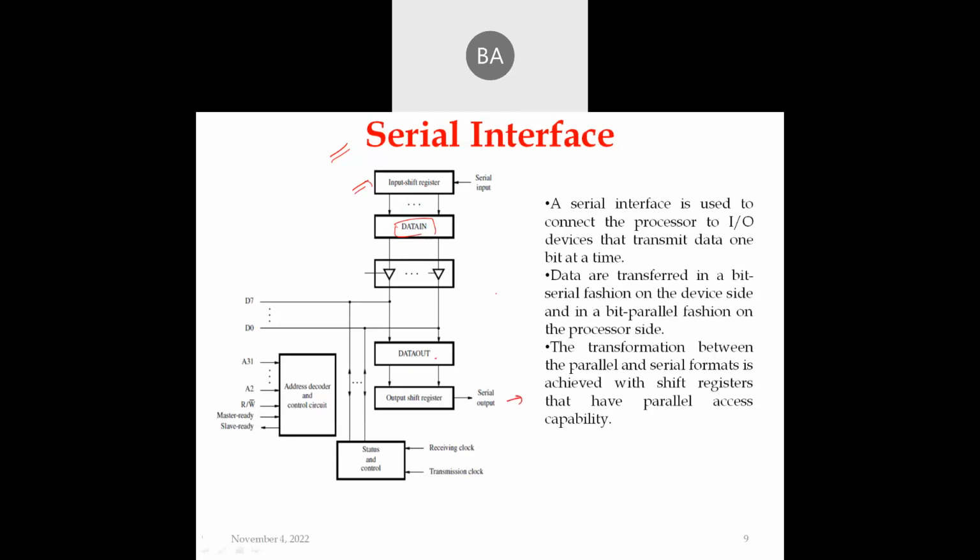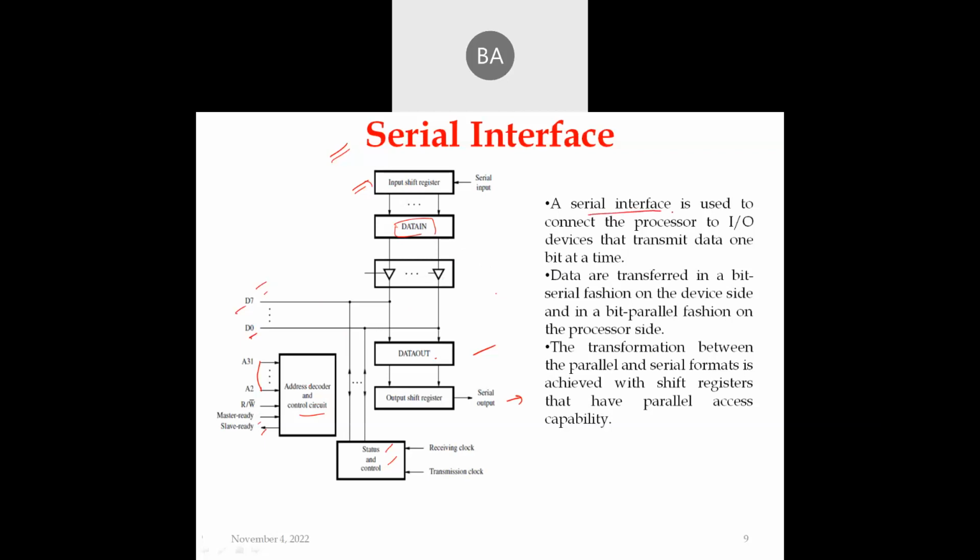We also have an address decoder and control circuit, with master ready and slave ready, and the address bits. These are the status and control registers, which receive the control information, and D0 to D7, 8 bits of data, are used here for transmission.